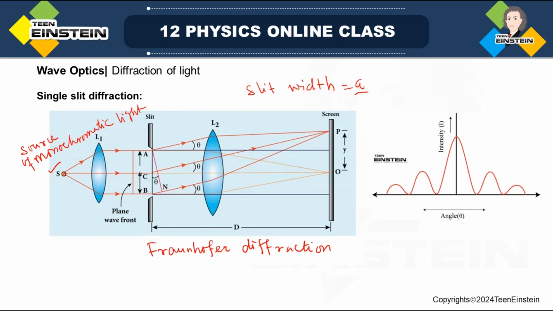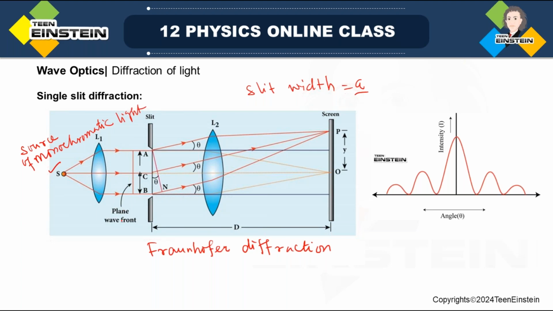To take it at infinity is not possible practically, so we have to make some arrangement. We use this converging lens L1, kept in such a way that the source is at the focus of this lens, so that the rays coming to the slit will be parallel, which means they are coming from infinity.